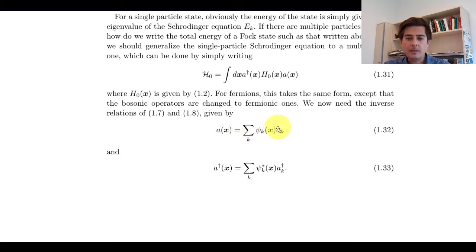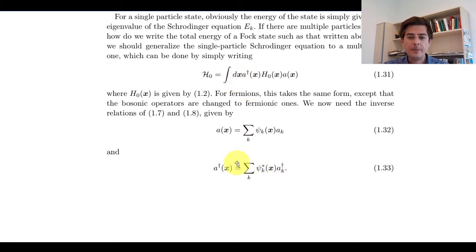Then we can write a complete basis in terms of those functions, because all these states are orthogonal, and so we can actually expand this annihilation operator, which is acting at position x, in terms of these eigenstates. And because these are now in terms of these eigenstates, we can simplify this Hamiltonian, and it becomes much more obvious that this is the correct Hamiltonian for the multi-particle system.